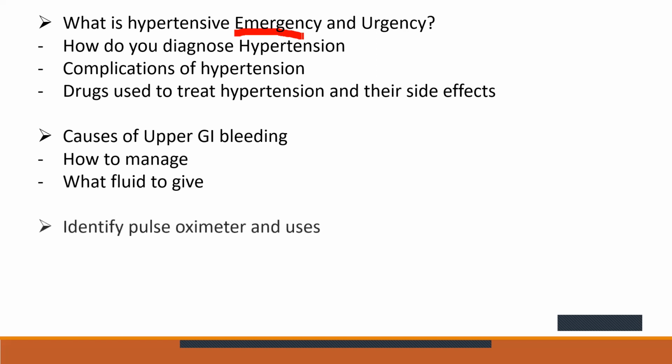Okay. Now, identify. They were giving a pulse oximeter to identify and then tell them the uses of the pulse oximeter. It's one of the most important tools for checking the oxygen saturation. All right. Now, what are the signs of respiratory distress?